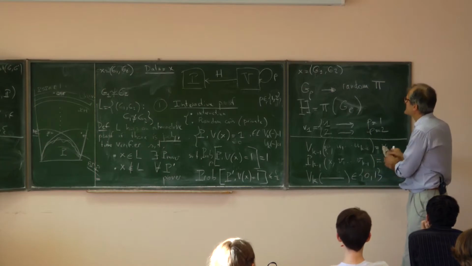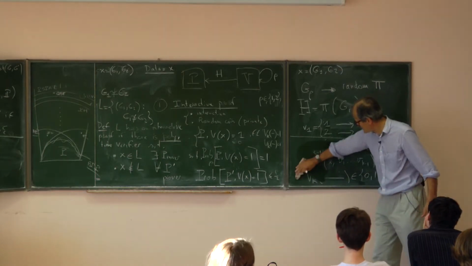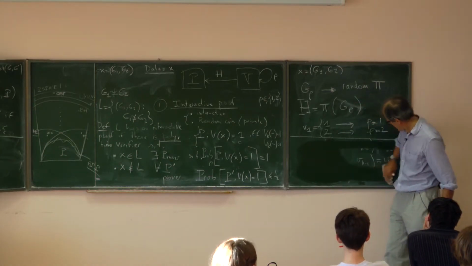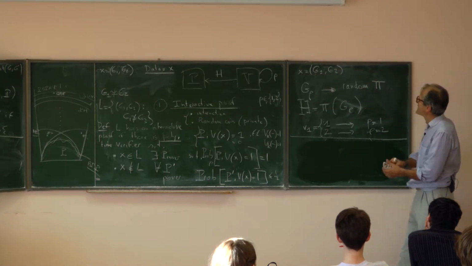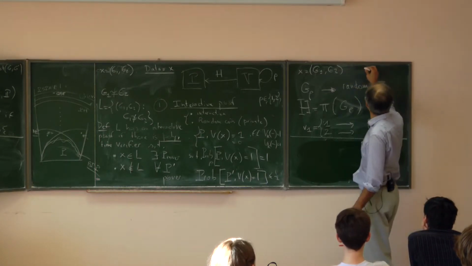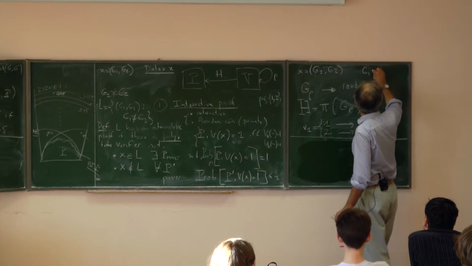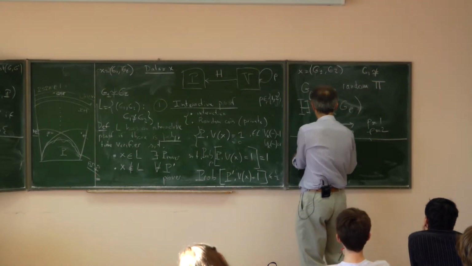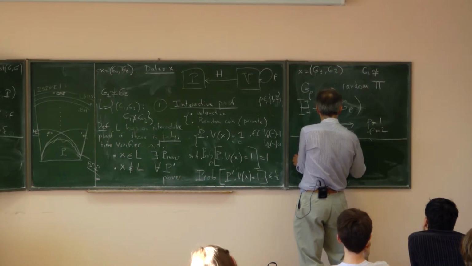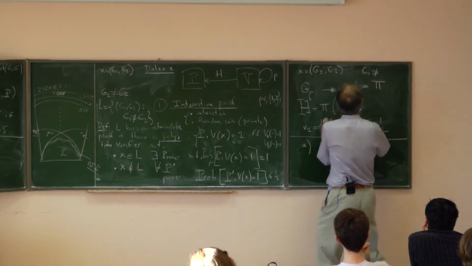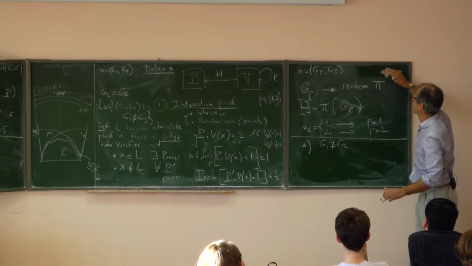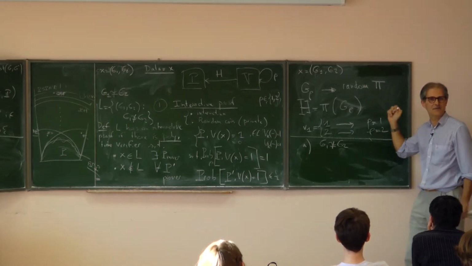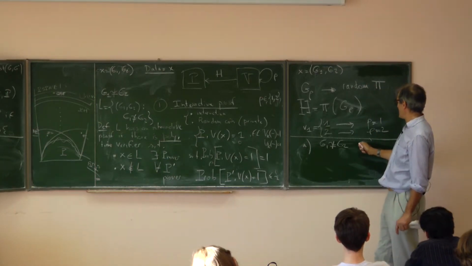It's not entirely trivial, because there are two cases. Case one is when the two graphs indeed are not isomorphic: G1 is not isomorphic to G2. And things go easy, in the following sense.